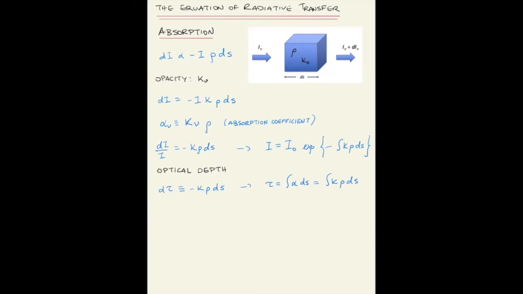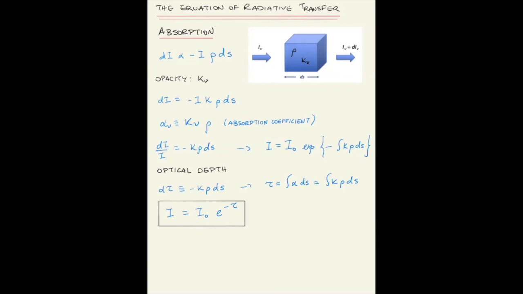So with that, you can substitute this integral in the result we got for the intensity to find the absorption law. So what we find is the radiation is attenuated as it travels through the medium. The attenuation increases rapidly with optical depth, and very rapidly, because this is an exponential.